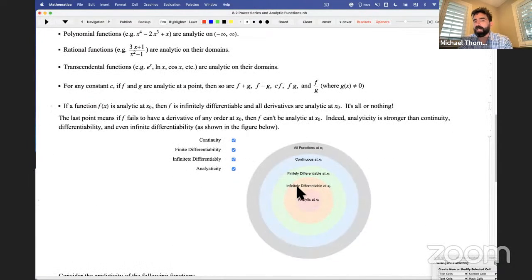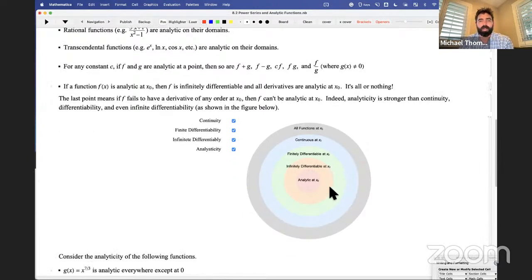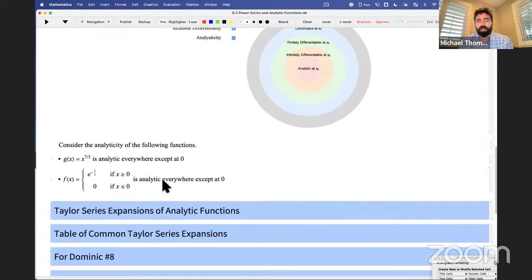If your function's infinitely differentiable, it definitely has a power series representation. You could just use the Taylor series, right? You have all the derivatives, but just because you have all its derivatives evaluatable at x naught doesn't mean that the resulting Taylor series will be equal to the function itself. I gave you a couple examples down there if you wanted to open them up and look at them.